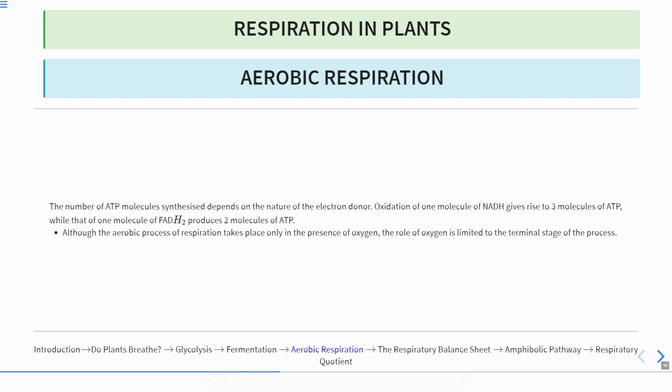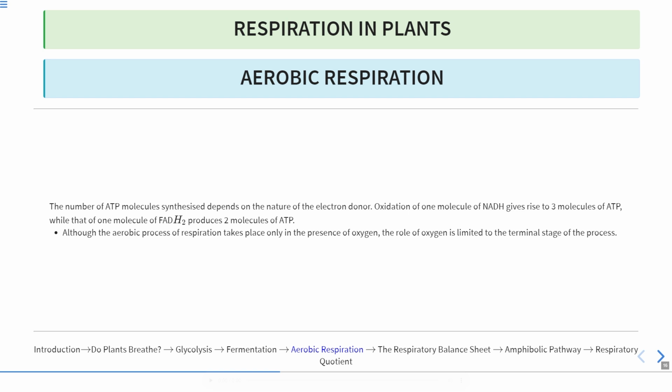Although the aerobic process of respiration takes place only in the presence of oxygen, the role of oxygen is limited to the terminal stage of the process. So you can see here, at the terminal position of this electron transport system, there is a requirement of oxygen.